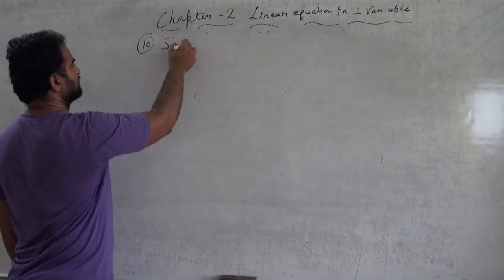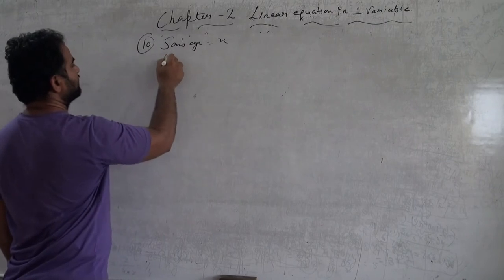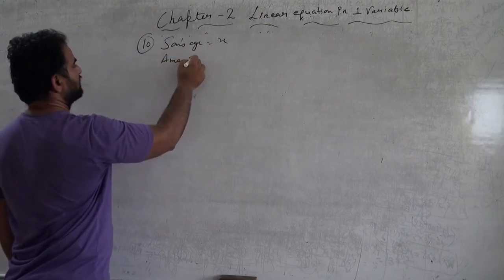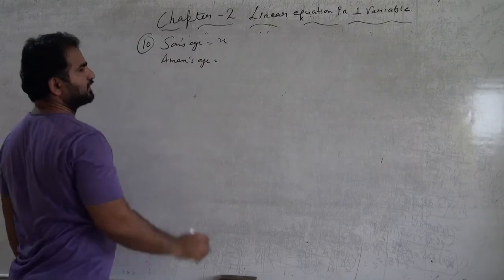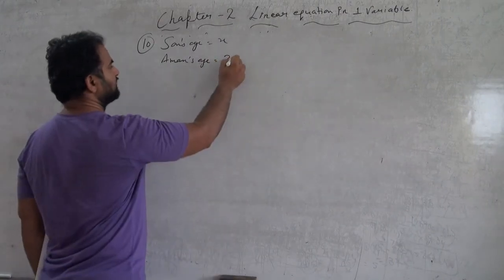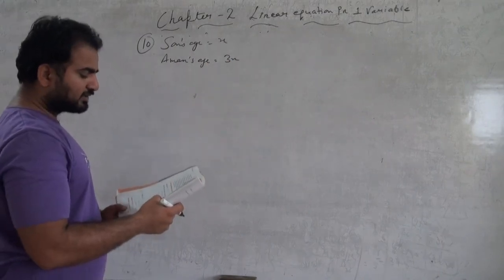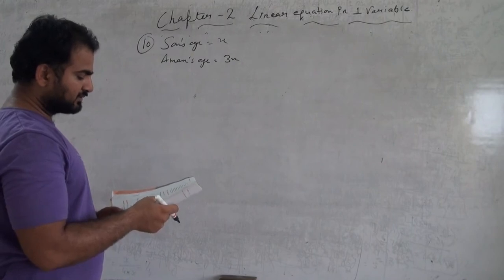Son's age equals x. So Aman, who is the father, is 3 times his son's age. So it will be 3 into x. It will be 3x. 10 years ago, he was 5 times his son's age.